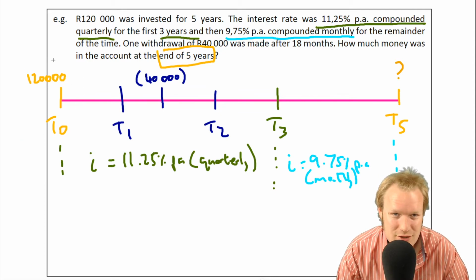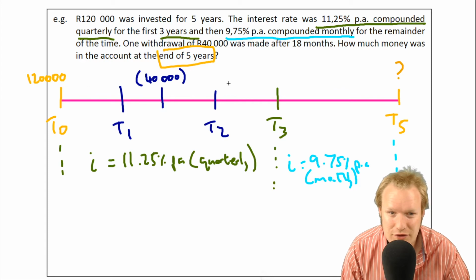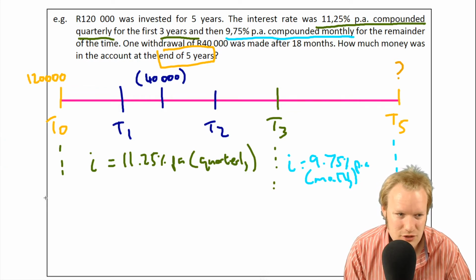We're going to take this 120,000. We're going to invest it for the whole time. But we're going to invest it for 3 years at this interest rate. And then we're going to reinvest it for 2 years at this interest rate. So let's start with the 120.